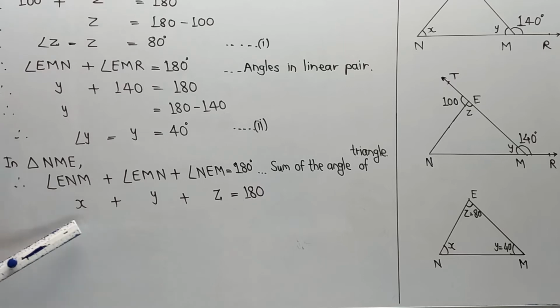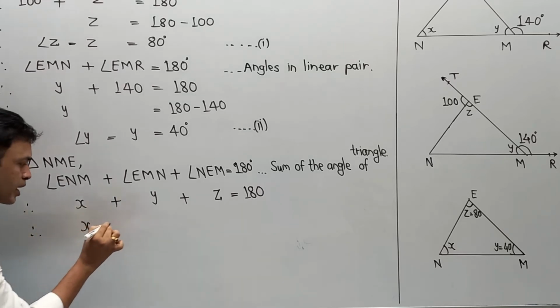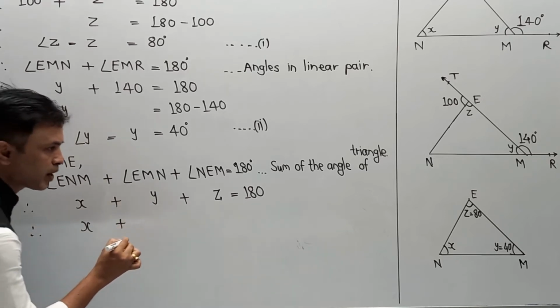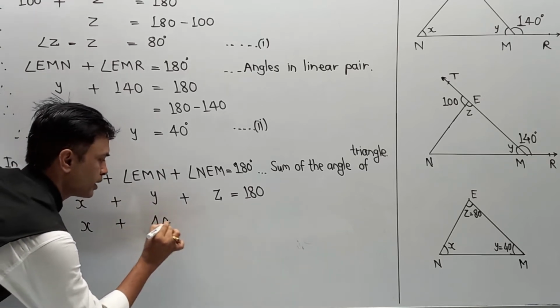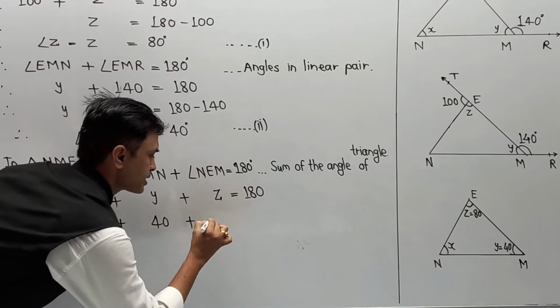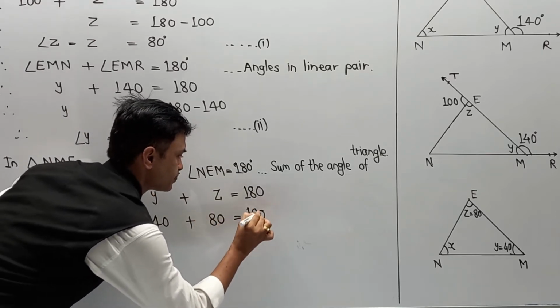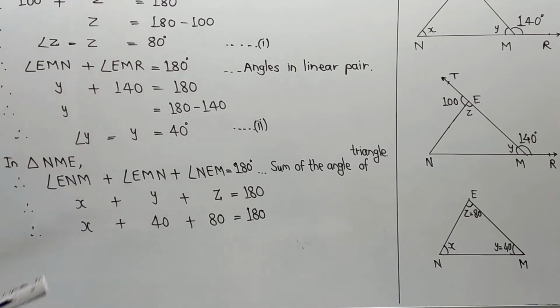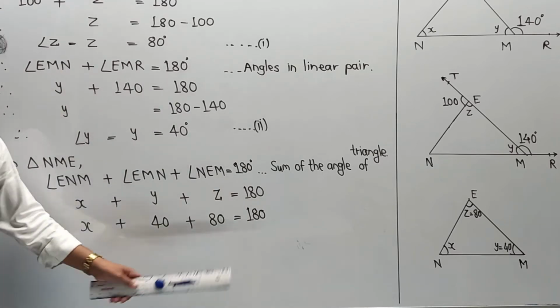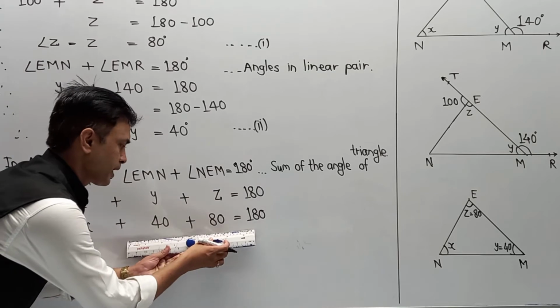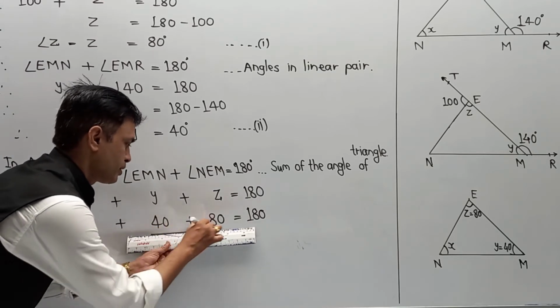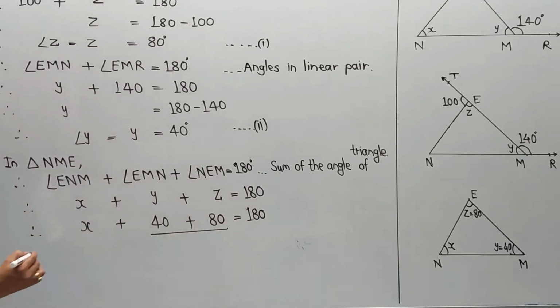Now step by step, value of X is unknown for us. So X plus Y is nothing but 40, that we have calculated, plus angle Z, that is nothing but 80, is equal to 180 degree. Now I am going to do the mathematical addition of these two angles over here.